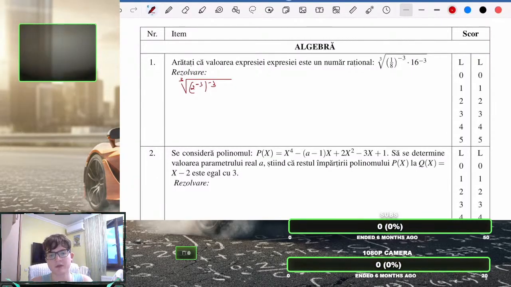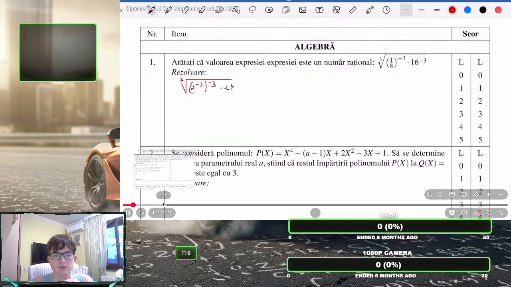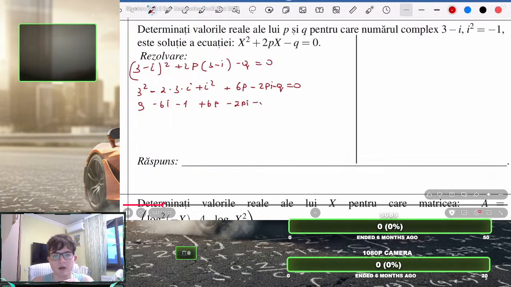Let me think about this. So we have a p of x like that, and we've got to find out the letter a, knowing that p of 2 is equal to 3, right, in terms of x equals 2, and just find out a.